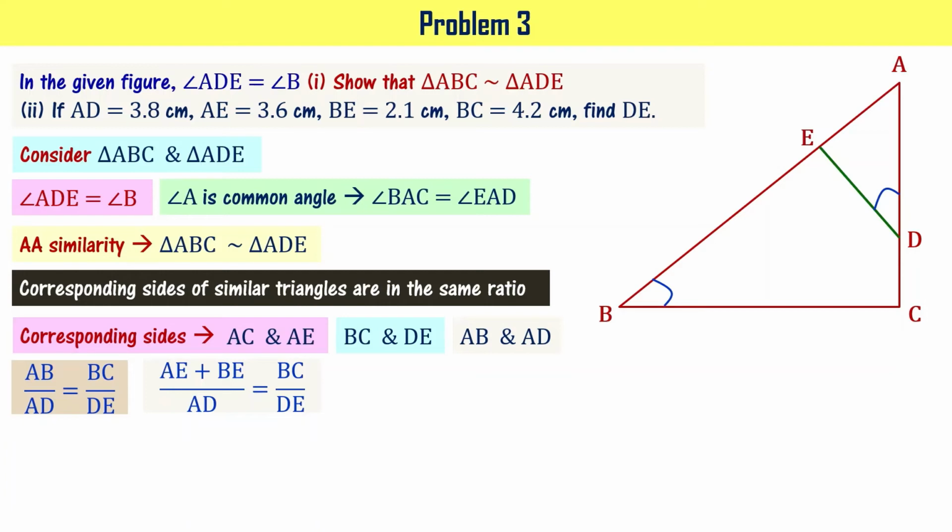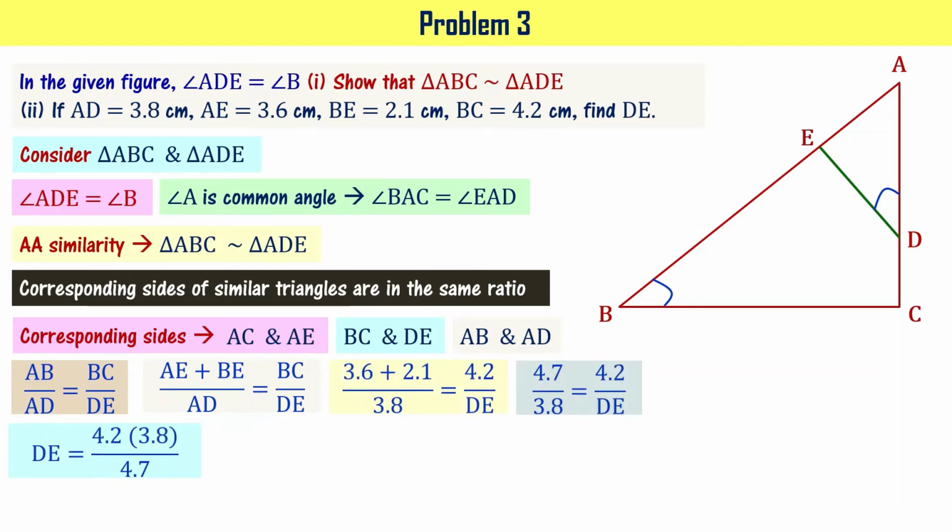Now you substitute the values given for AD, AE, BE and BC such that you can simplify it to get the value of DE. When you simplify it, you get DE equal to 4.2 times 3.8 divided by 4.7, that is equal to 3.396. So to answer the question, DE equal to 3.396 centimeters.